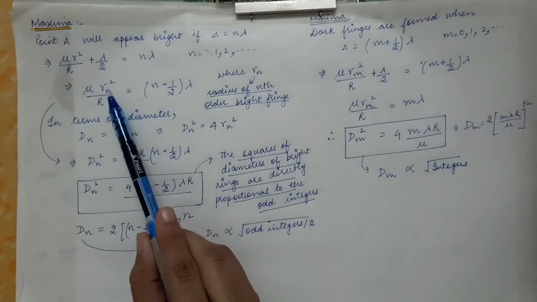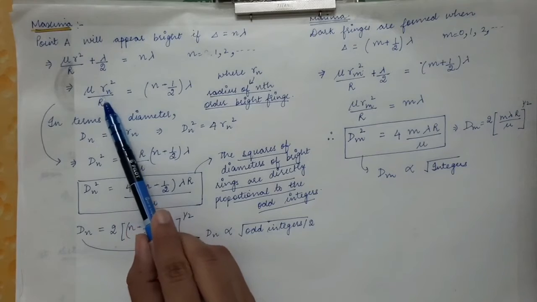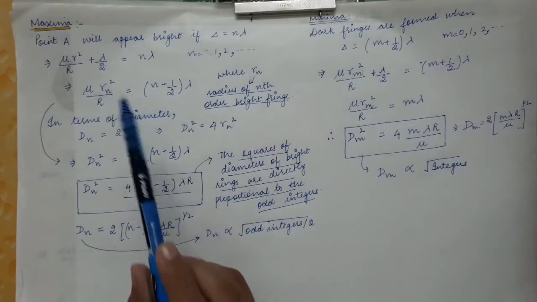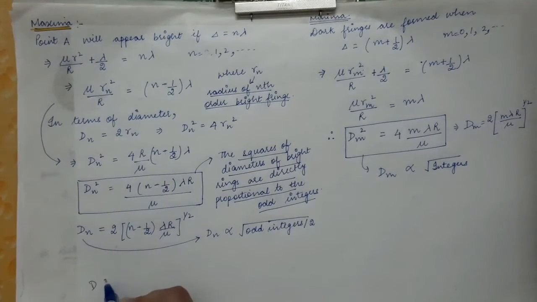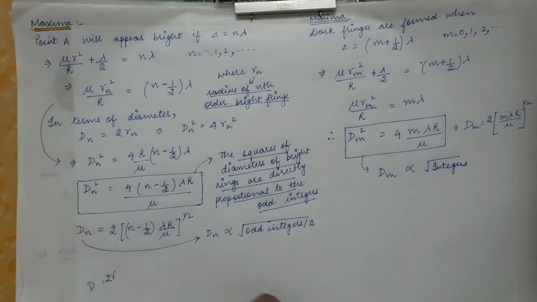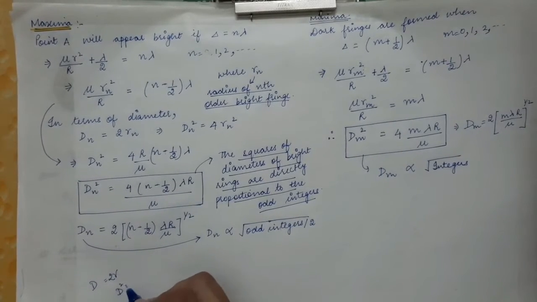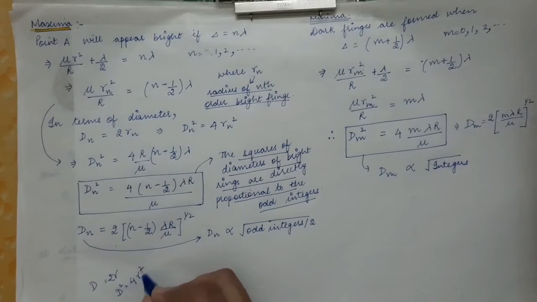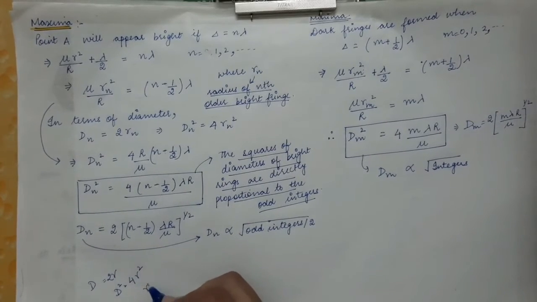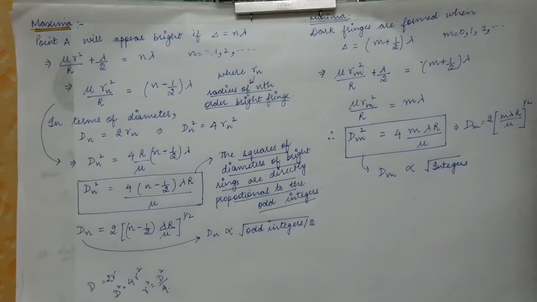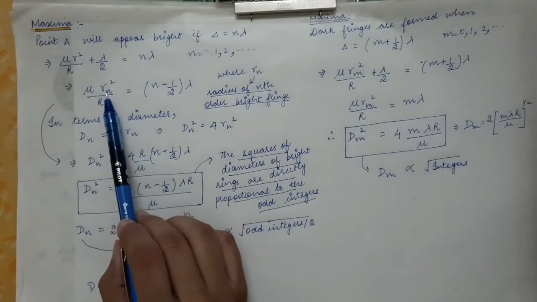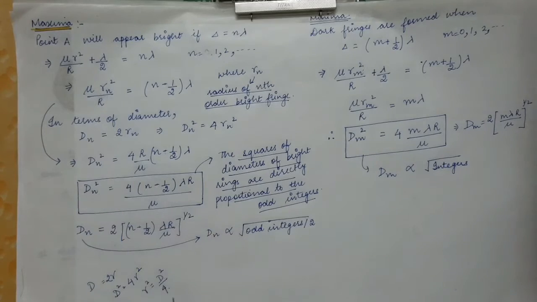Now we will substitute the expression of Rn in terms of the diameter. The diameter is equal to twice the radius, so D square will be equal to 4 times r square, and from here r square will be equal to D square divided by 4. So we can substitute Rn square in terms of Dn square, where Dn represents the diameter of the nth bright fringe.